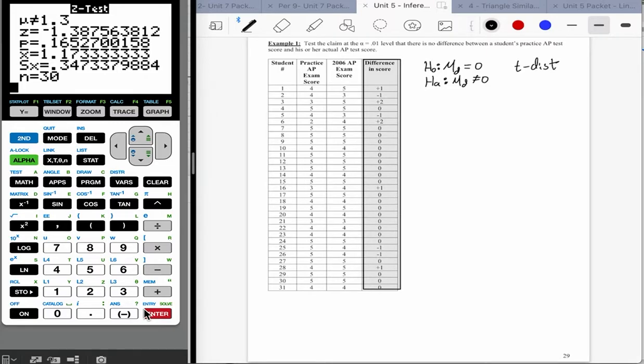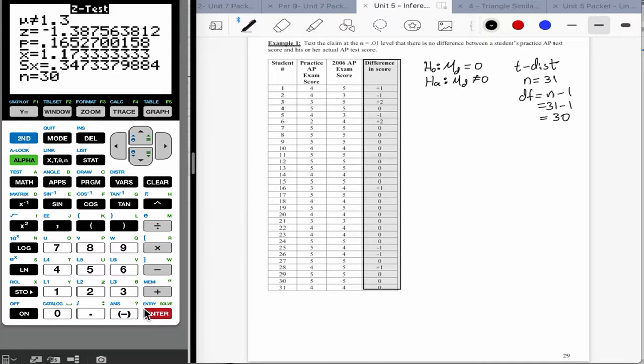We have 31 individuals. Because it's a t distribution, we need degrees of freedom, n minus 1. This is not a 2-variable situation. It's the same variable, just measured twice. So 31 minus 1 gives you 30.